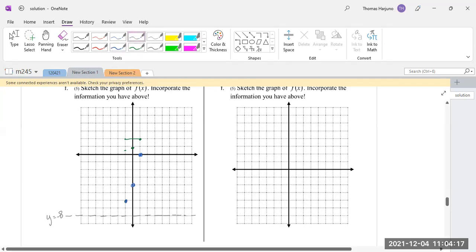Okay, (0, 1), 2 units to the left and then 8 units down, will be here. (-1, 1/2), 2 units to the left, 8 units down, will be here.